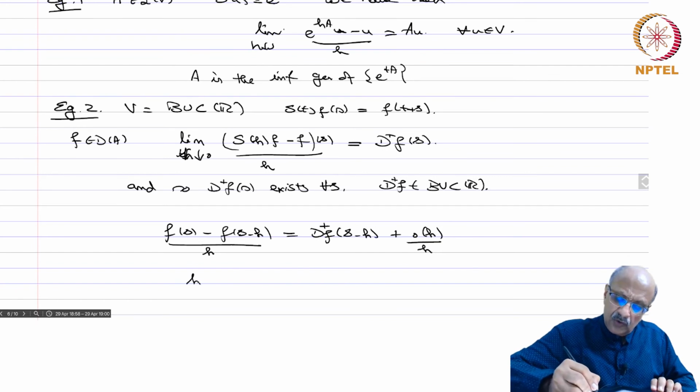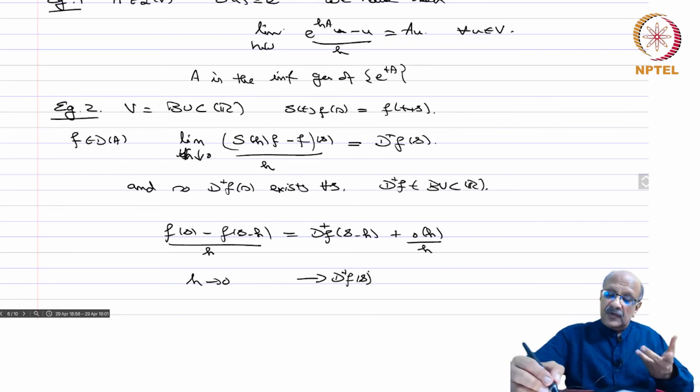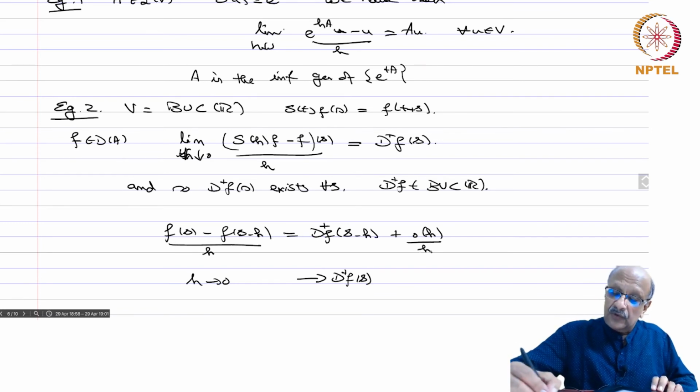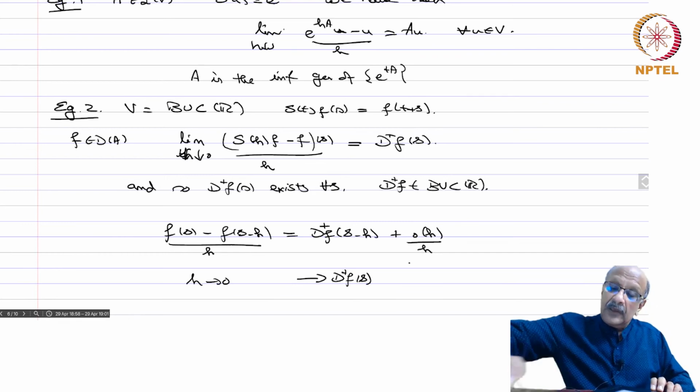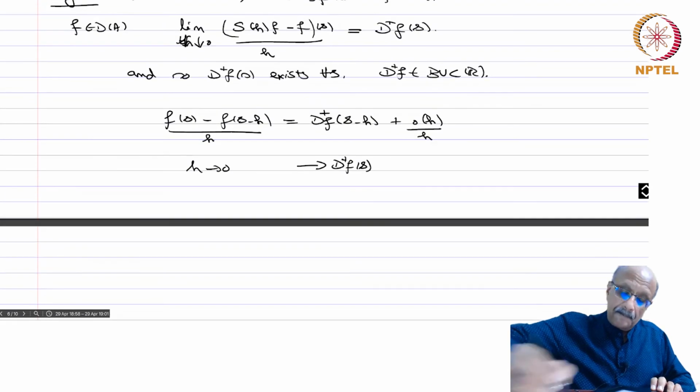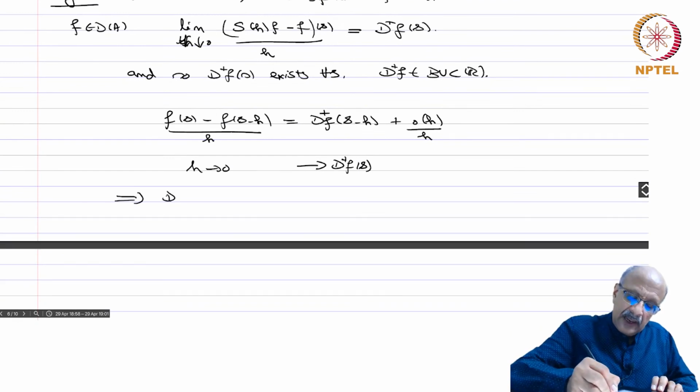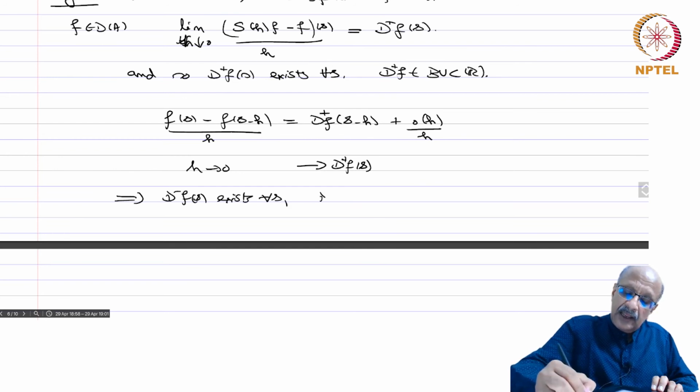So as h goes to 0, this will converge to d plus f at s, because d plus f is continuous, in fact bounded uniformly continuous, and this part has to go to 0. So that means d minus f of s exists for all s, and d minus f of s equals d plus f of s.